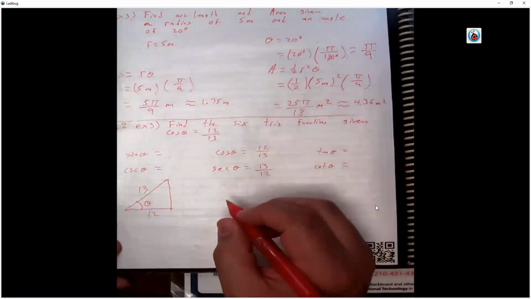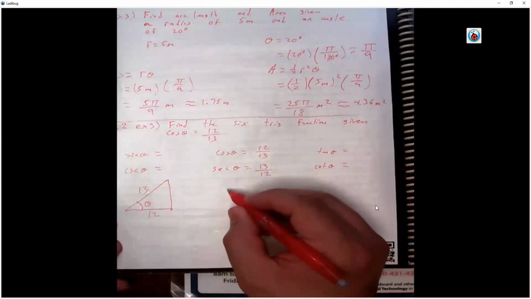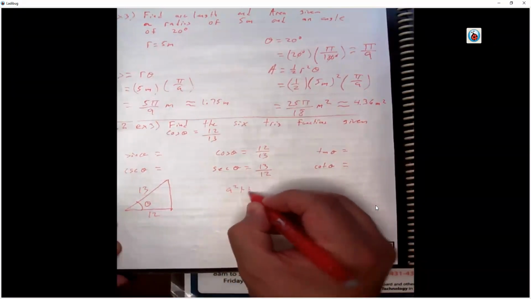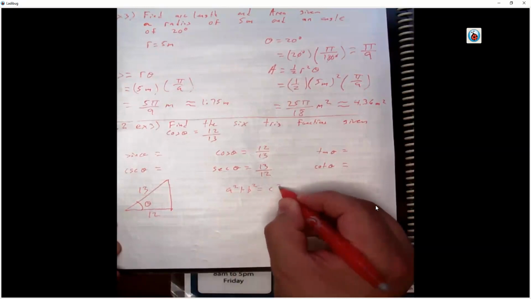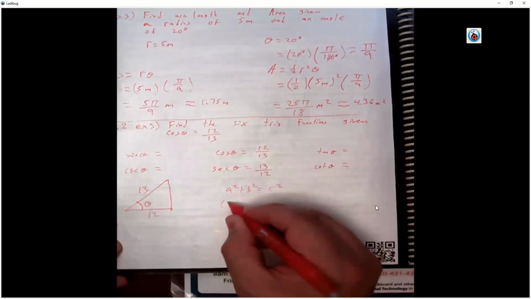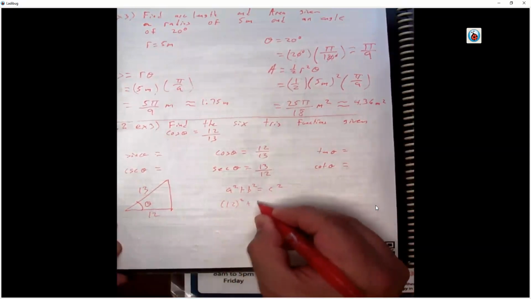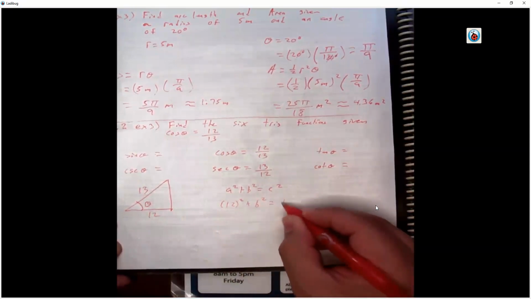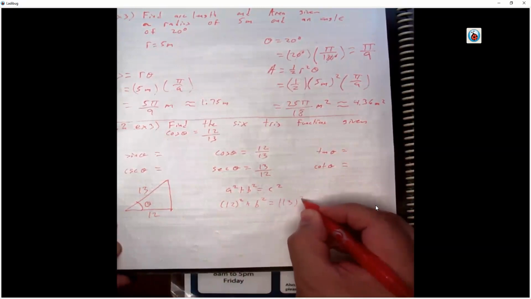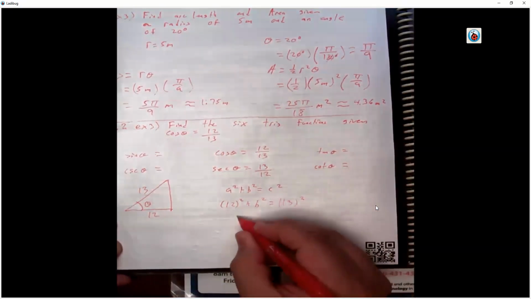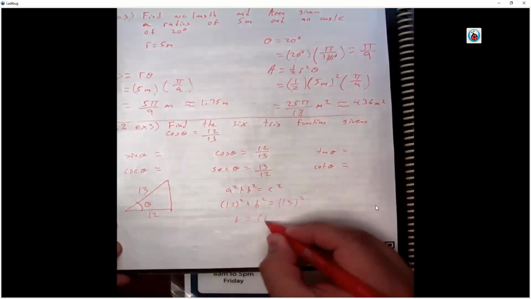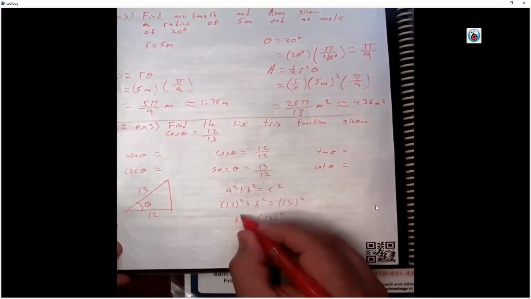Okay. So Pythagorean theorem, let's call this A, I guess. It'd be 12 squared. If I want to solve for B, plug in the hypotenuse, subtract the 12 squared over. What is going to be B?